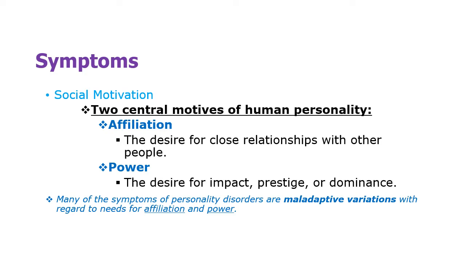This is the desire to exert your male dominance, to be the queen bee, and to overall just be a powerful person. And it's believed that many people with personality disorder have inappropriate variations of these two social motivations. So people will have inappropriate affiliation. They will want to be in isolation. They won't want to associate with others, etc.